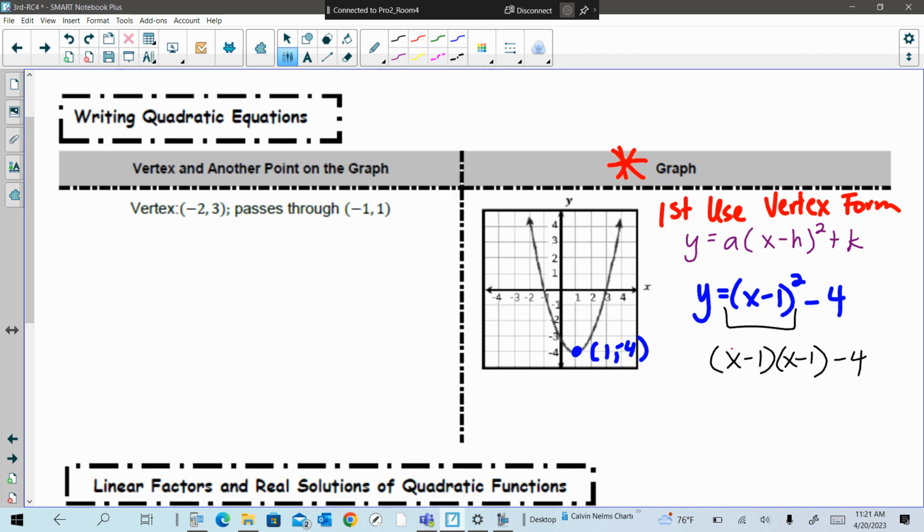So FOIL means x times x here, x squared, x times the negative 1, negative x, negative 1 times x, that's another negative x. But the negative 1 times the negative 1 makes that plus 1. x squared minus 2x plus 1. Then we had that minus 4.